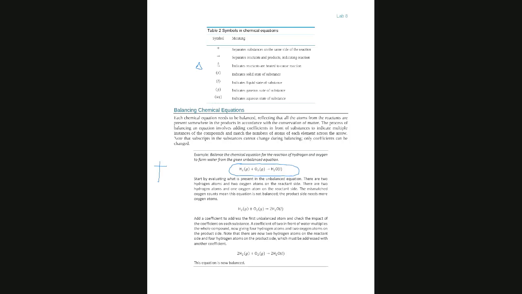You are going to say R for reactants, and then you are going to do another table for the products. Reactants are on the left side of the arrow, and you are going to look at what kind of atoms you have on the reactant side.